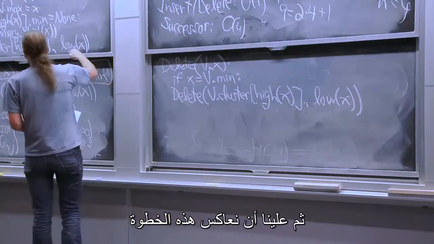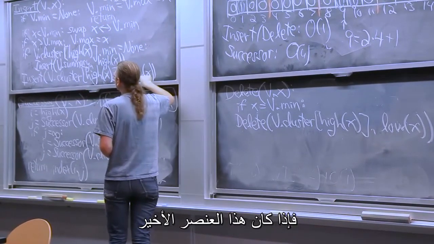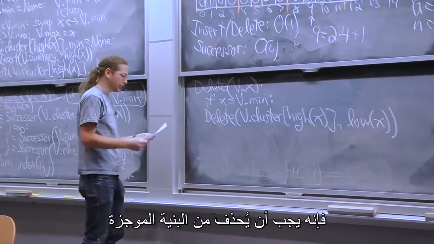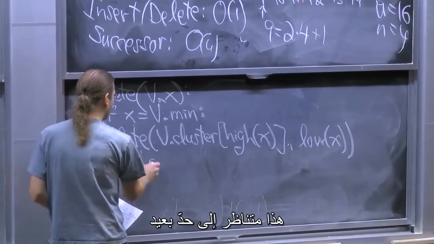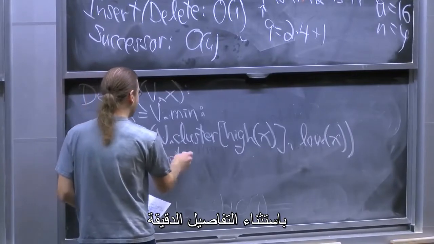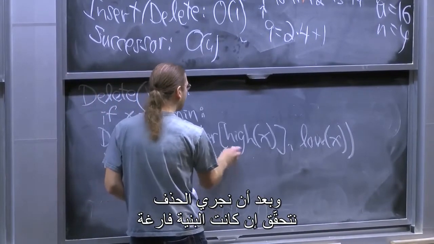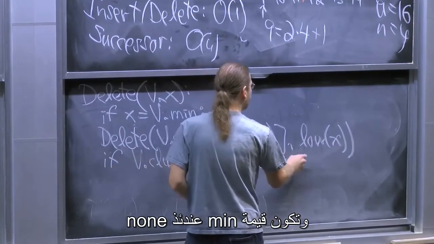And then we need to do the inverse of this. So if that was the last item, then we need to delete from the summary structure. So it's actually pretty symmetric, other than the tiny details. So after we delete, we can check, is that structure empty? Because then the min would equal none.